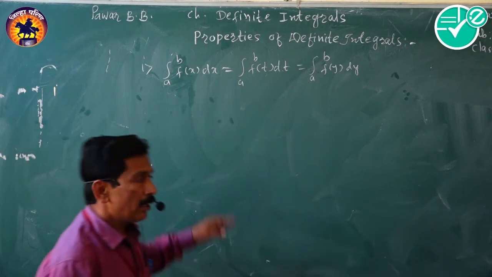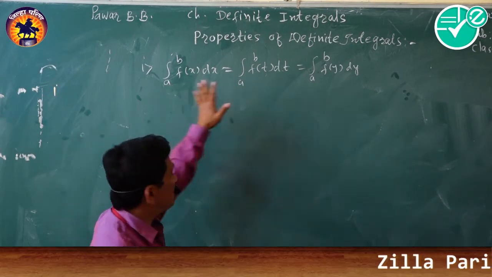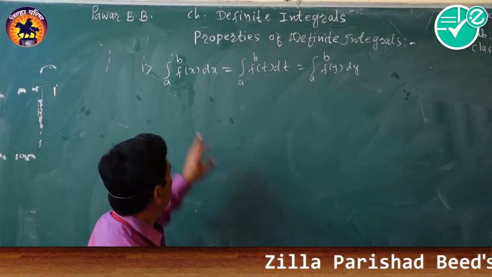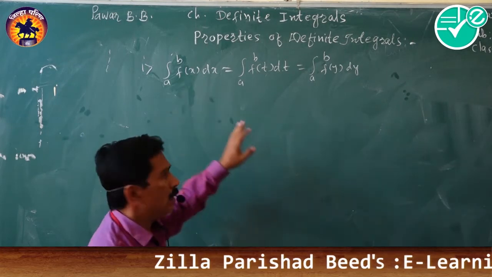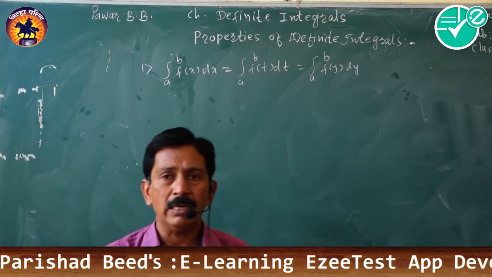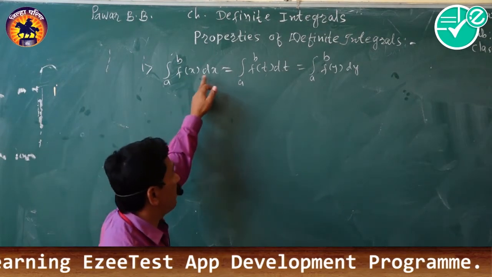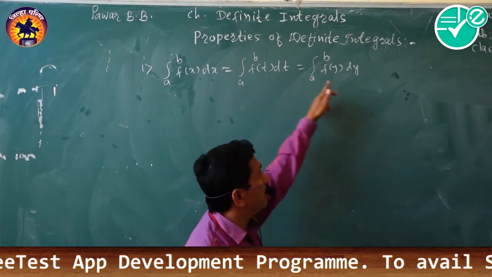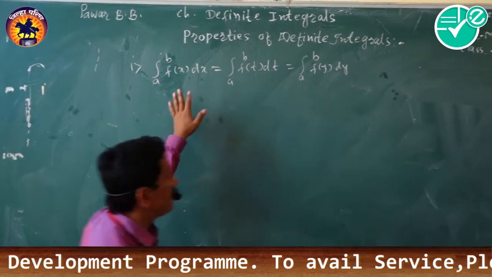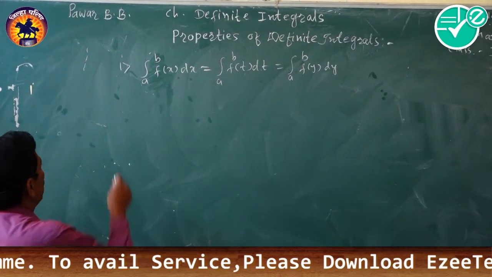That is, in a definite integral, if the limits are the same and the function is the same, if we change the variable, the value of the definite integral doesn't vary. Here f of x dx, here f of t dt, f of y dy, but the limits are the same, therefore the value of this integral is the same.